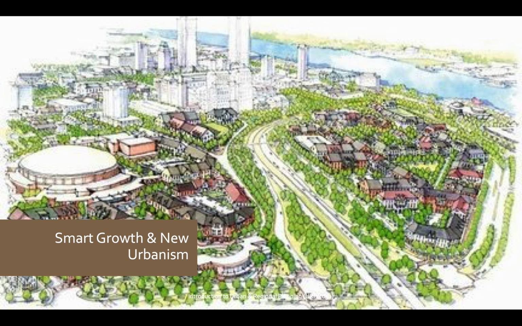These are mixed land use, taking advantage of compact building design, creating a range of housing opportunities and choices, creating walkable neighborhoods, fostering distinctive, attractive communities with a strong sense of place, preserving open space, farmland, natural beauty, and critical environmental areas, strengthening and directing development towards existing communities, providing a variety of transportation choices, making development decisions predictable, fair, and cost-effective, and encouraging community and stakeholder collaboration in development decisions.